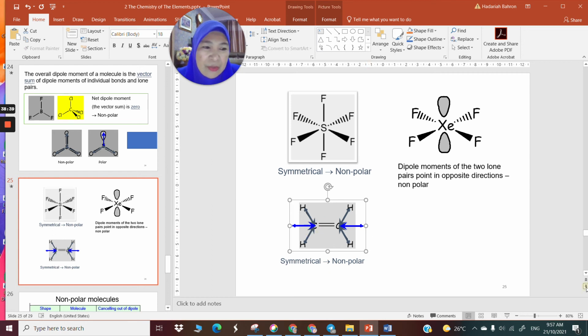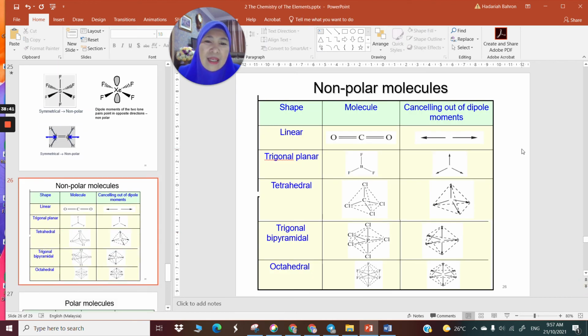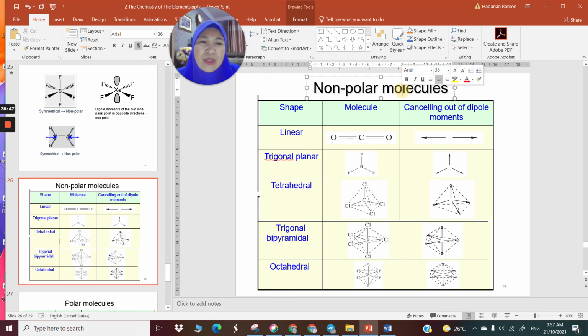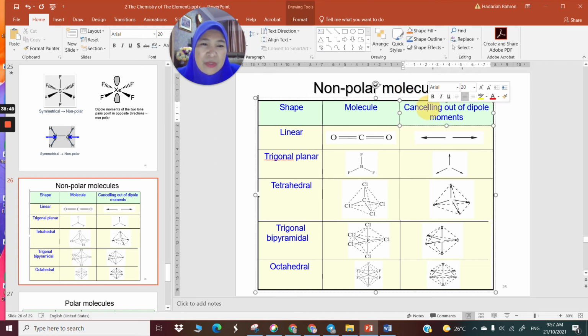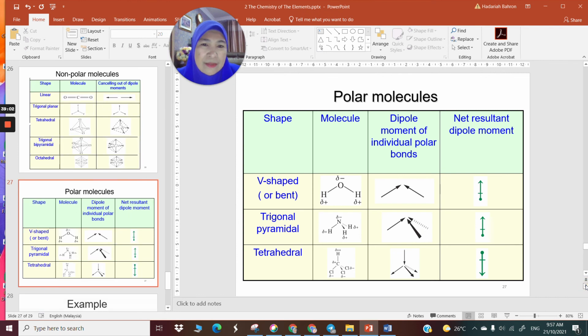This one also, high symmetry, non-polar molecule. But when you have something, okay, we're still talking about non-polar molecules, when you have very high symmetry where the cancelling out of dipole moments occurs. So you have all these non-polar molecules occurring, right?